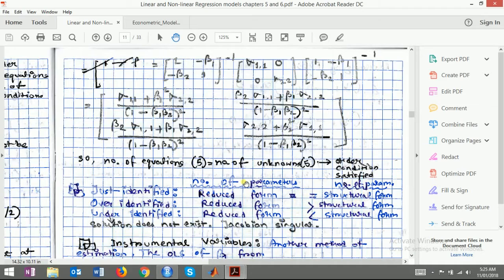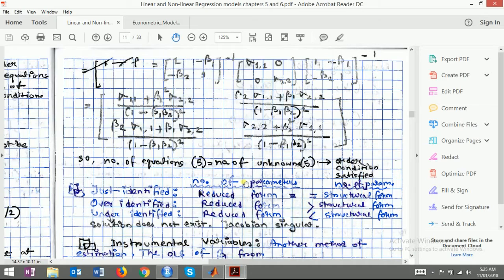So B inverse transpose multiplied by omega, or you can put in the values of B, which is 1 minus b1, minus b2, 1 inverse. Omega is, as we all know, the diagonal matrix, sigma 1 1, sigma 2 2, 0, 0.